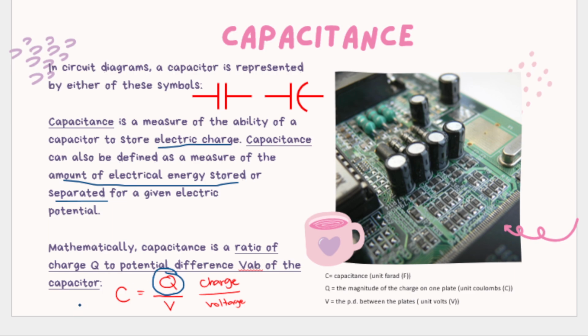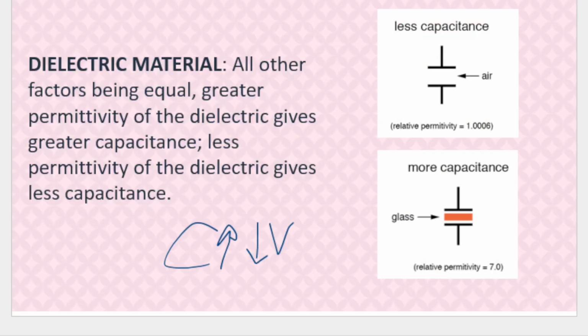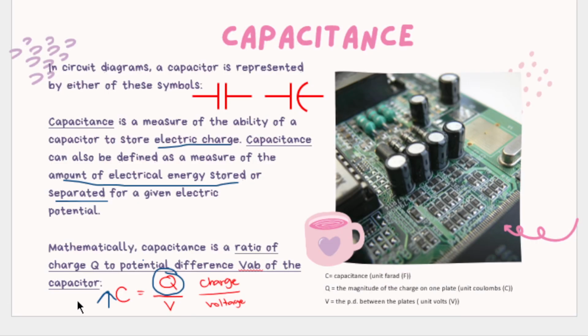The more charge that you can store inside your capacitor, the more capacitance. Now, voltage, as I have said before with the dielectric material, if voltage decreases, capacitance increases, and that is because they are inversely proportional with each other.